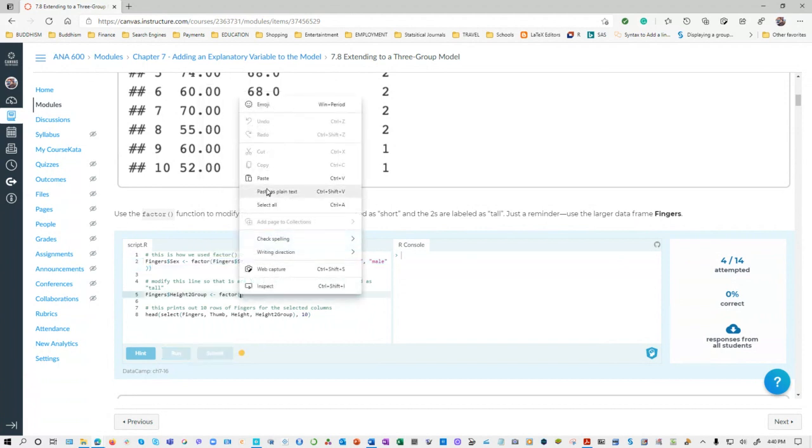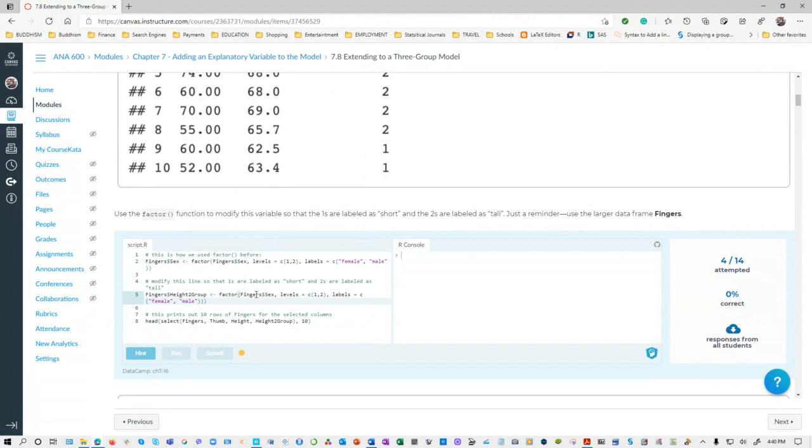Copy and paste it over here and change it appropriately. You need the height this time, not the sex. Then go to labels, which are now called 1 and 2.